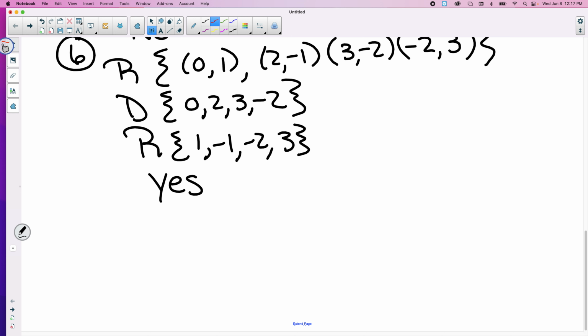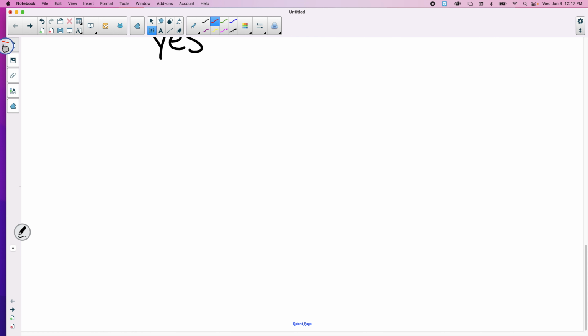Okay, then on the back, the next section says relations expressed as mappings. Express the following relations as a mapping, state the domain and range, then determine if it's a function. Alright, so mapping is just another way of writing these coordinates. What number is this? This is number 9.